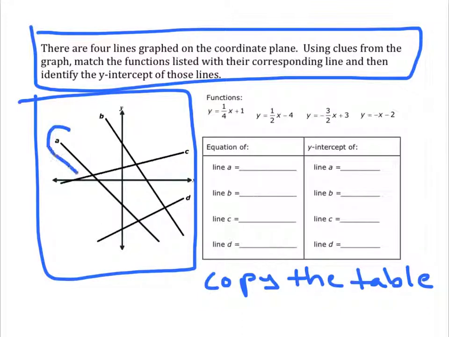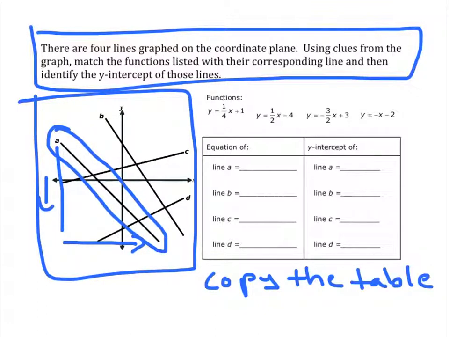So line A this time is this one right here. We know that it has a negative slope because we see that from left to right it's going down. We also see that it is going to have a negative y-intercept because of where it crosses the y-axis. So I'm looking for negative slope and I'm looking for negative y-intercept.